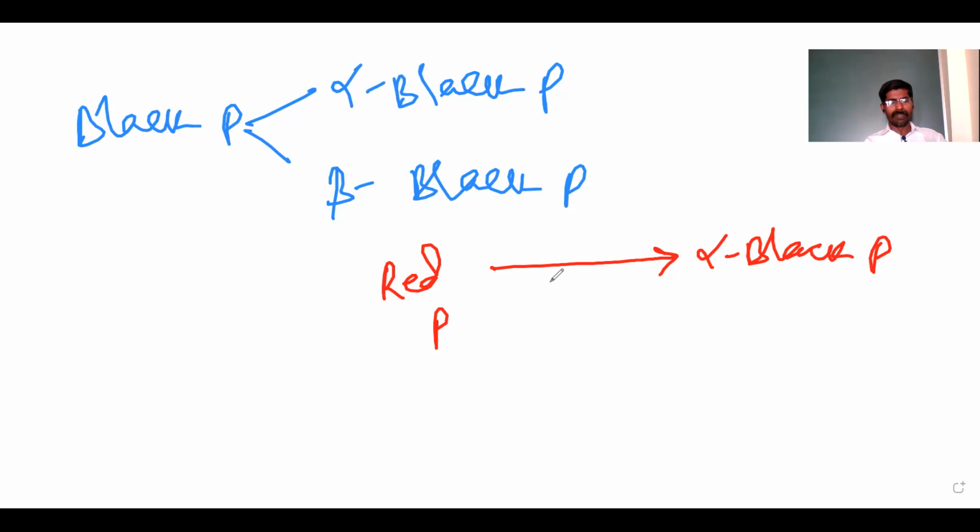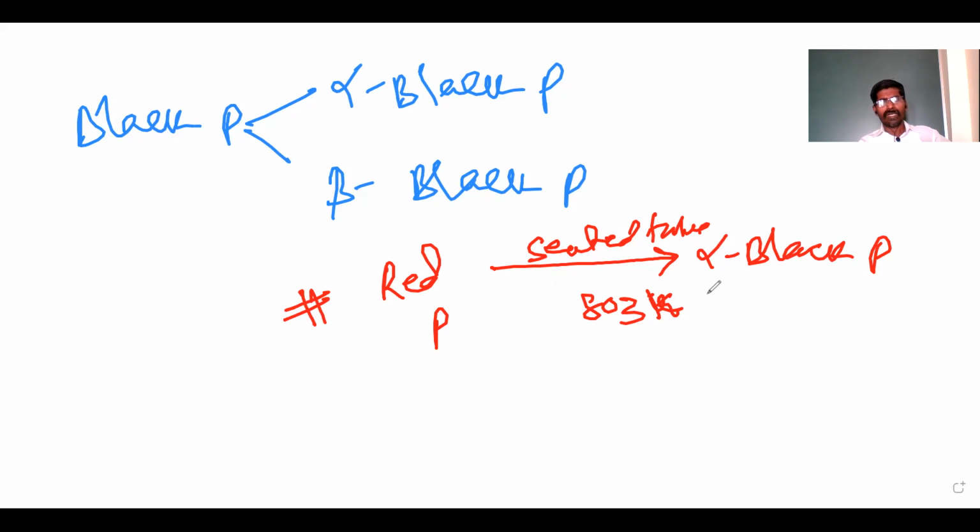Is it clear? Alpha black phosphorus is obtained by heating red phosphorus in a steel tube at 803 Kelvin temperature. We have to maintain those conditions. The red phosphorus is heated in a steel tube, that means a closed vessel, and on that heating we prepare alpha black phosphorus. So this is the phenomenon.